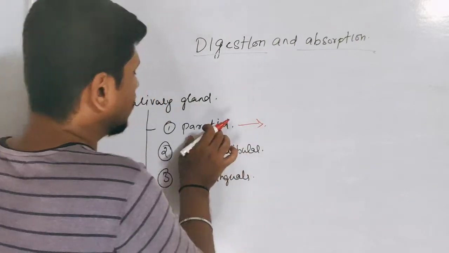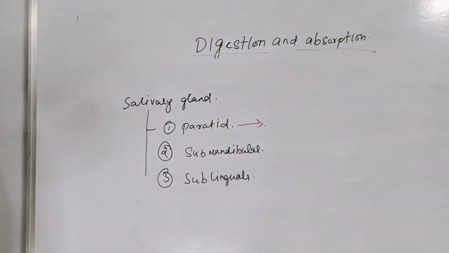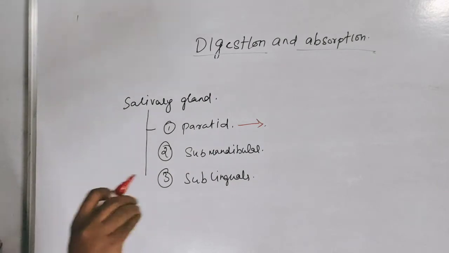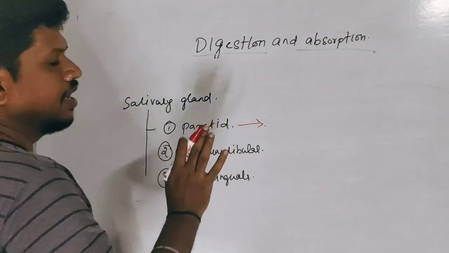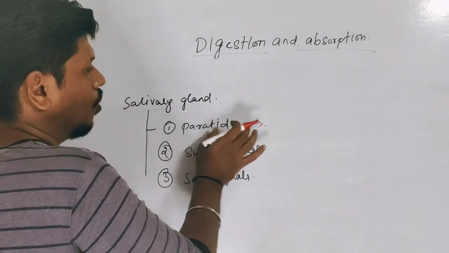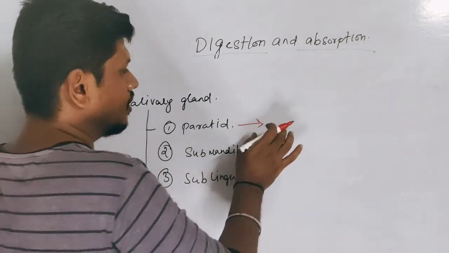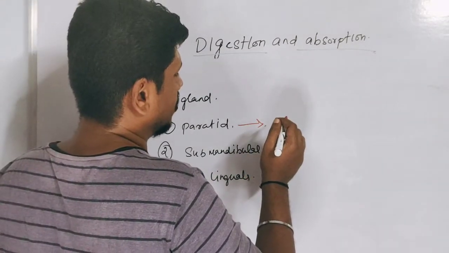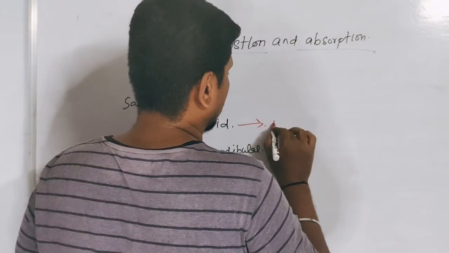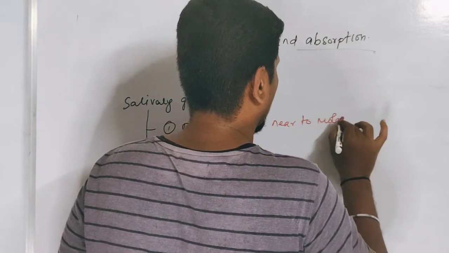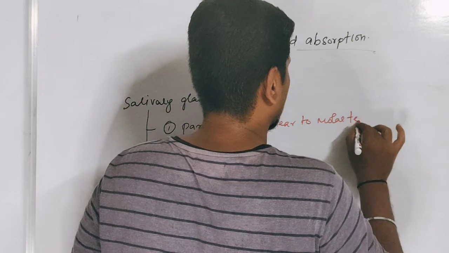Now, see this parotid gland, where it is located? All the glands are going to provide saliva only. Clear? Okay. This parotid gland is located near the molar teeth.